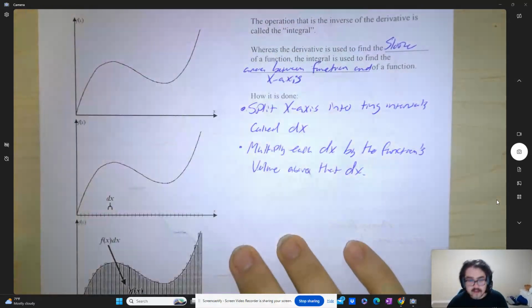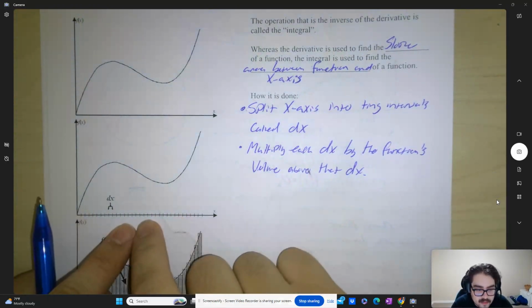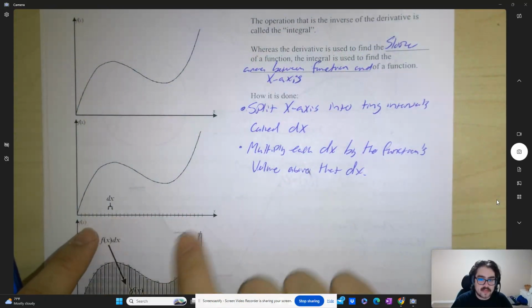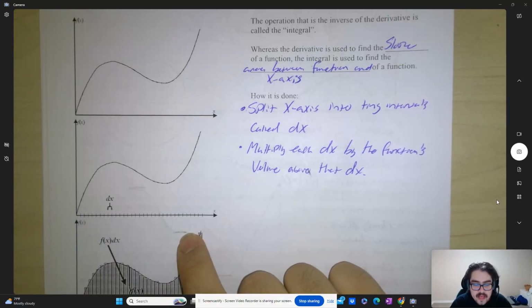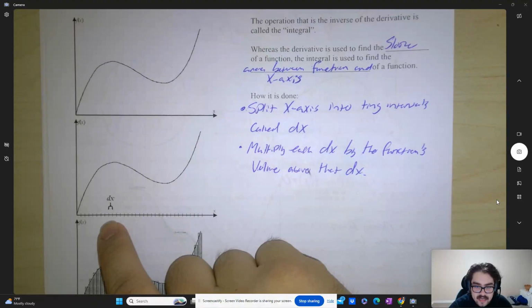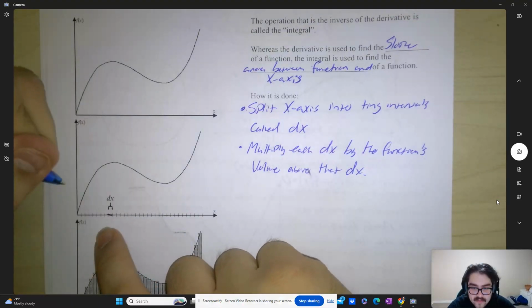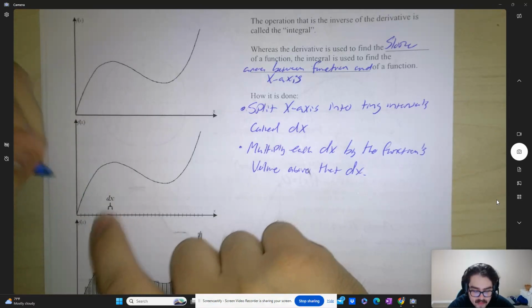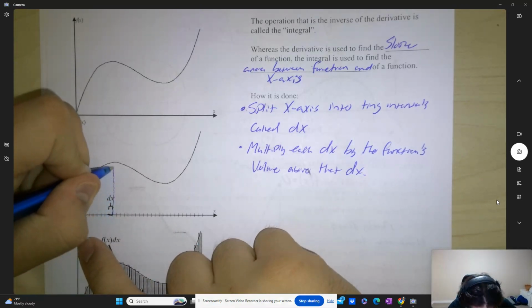So you can see right here that we've taken the x-axis and split it into these tiny little intervals dx, and we're multiplying the length of that interval by the function's value above that dx, which is going to be like this.